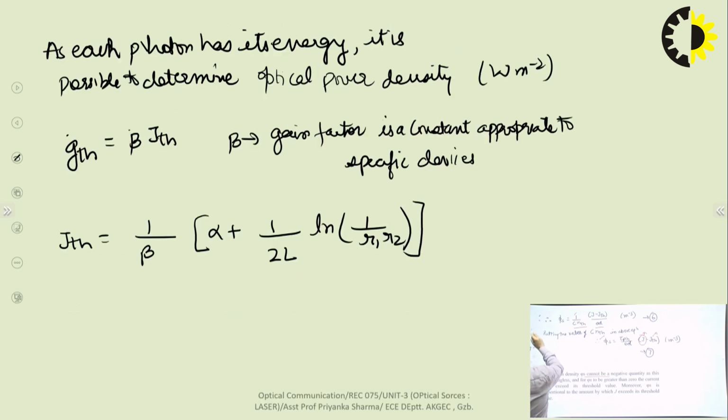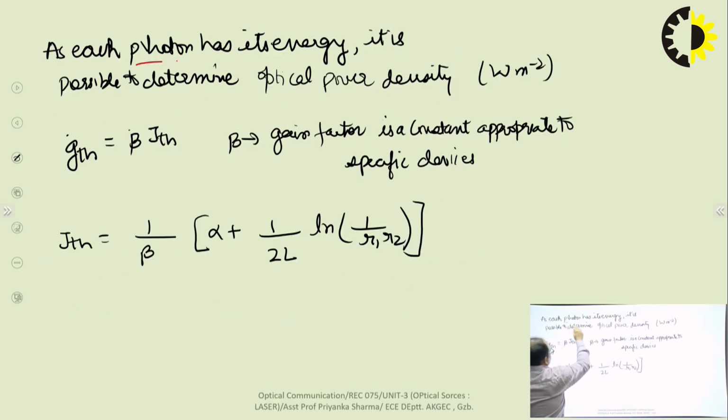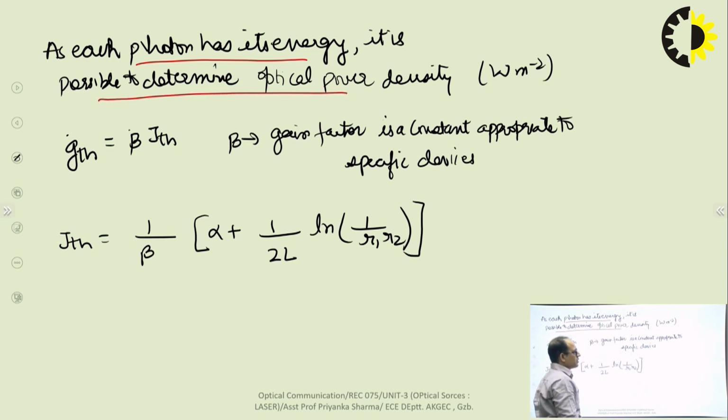Clear? Now as each photon has its energy, it is possible to determine the optical power density related to the energy of the photon. So this threshold gain, when I talked about the initial threshold condition for the laser oscillation, is the threshold gain to be achieved by the photon to produce a laser oscillation.